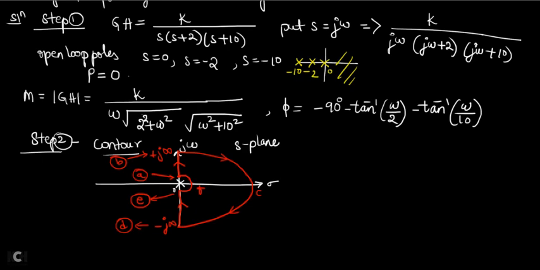Remember, the radius of the small circle is represented as small r, which is approximately equal to 0; small r is the radius of the bypass circle.